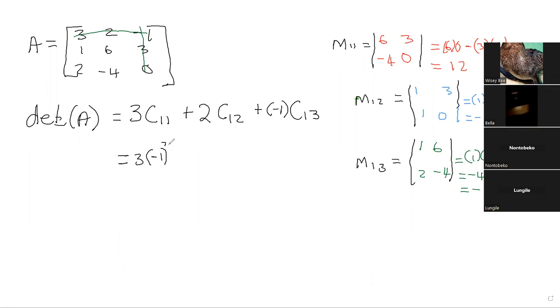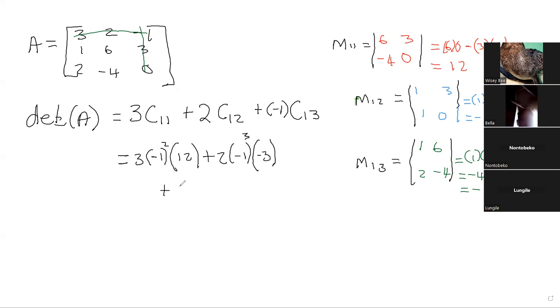It will be 2. Then we put the minor, which is 12. Then plus 2, negative 1. 1 plus 2 is 3. And then M12 is minus 3.